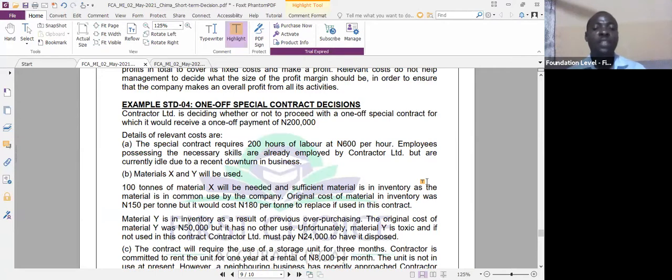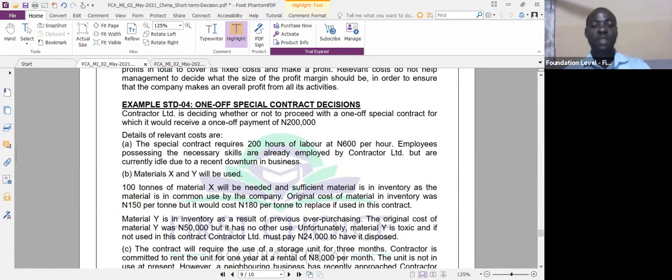The contract requires 200 hours of labor at 600 naira per hour. Employees possessing the necessary skills are already employed by Contractor Limited, but are currently idle due to downtime in business.